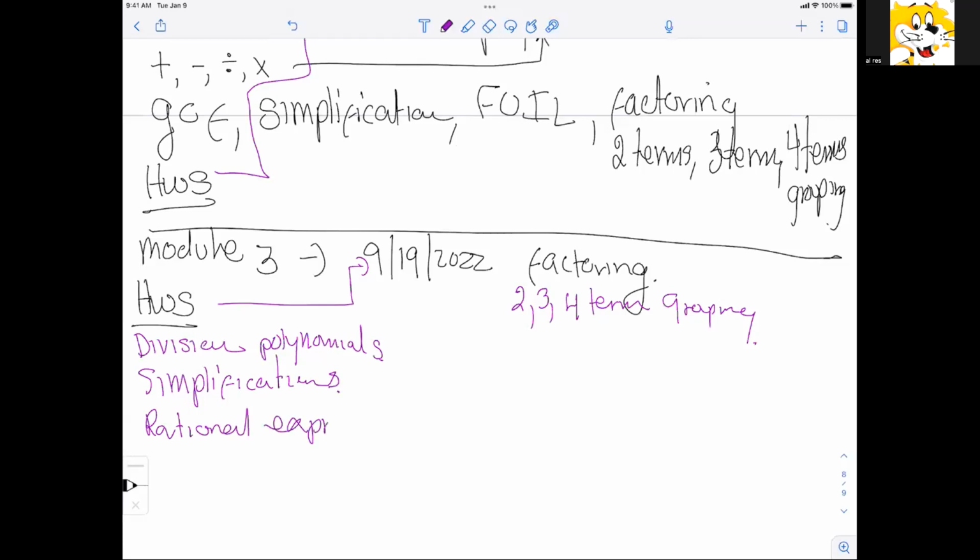Rational expressions are fancy fractions. And why are they called fancy fractions? Because they're going to have variables, right? So like x squared plus 2 or x to the 3rd plus 5, let's say. So those are rational expressions because they have variables, right?